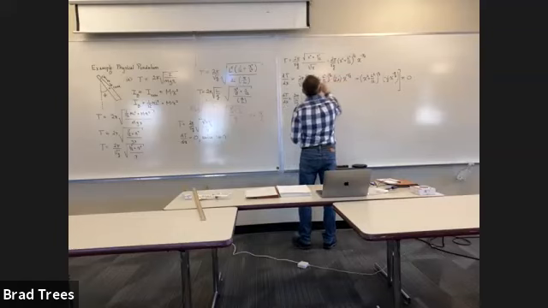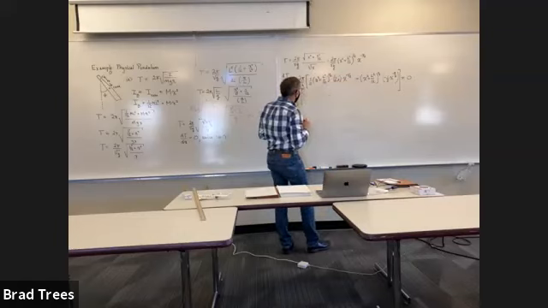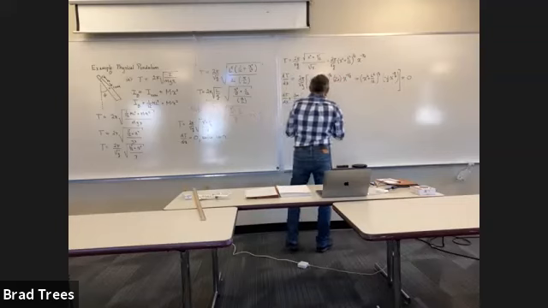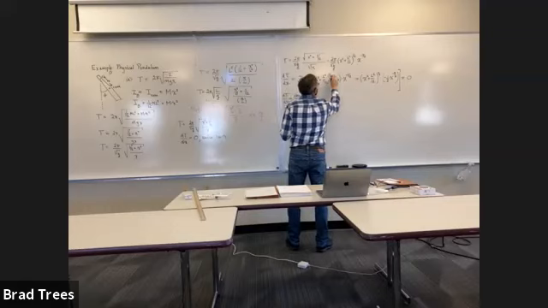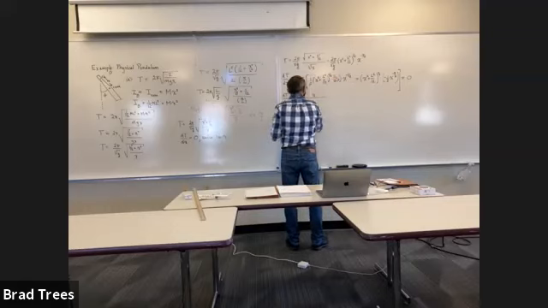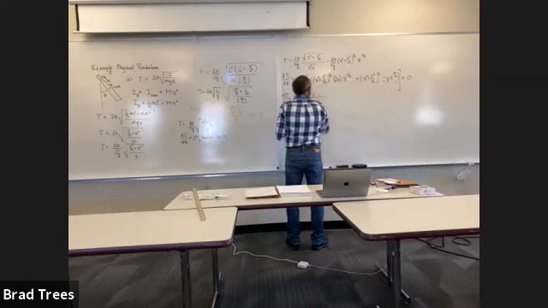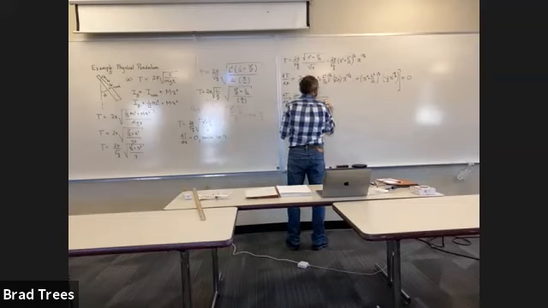You got a 2 upstairs and a 1/2 there, so those 2's cancel. In this first term, I've got an x upstairs, and then these negative exponents mean they're really downstairs. I've got a square root of x and a square root of x squared plus L squared over 12.